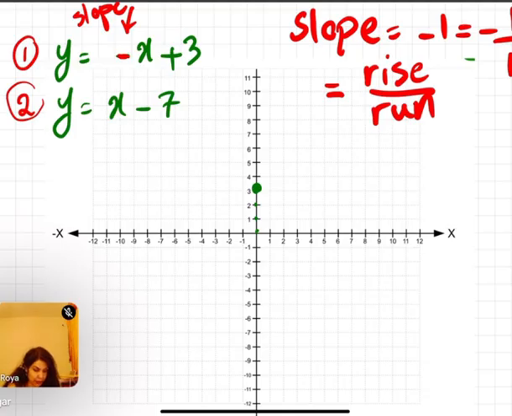So the rise is negative 1, which means from the y-intercept, go 1 unit down, and the run is positive 1 here. So your second point is going to be here.